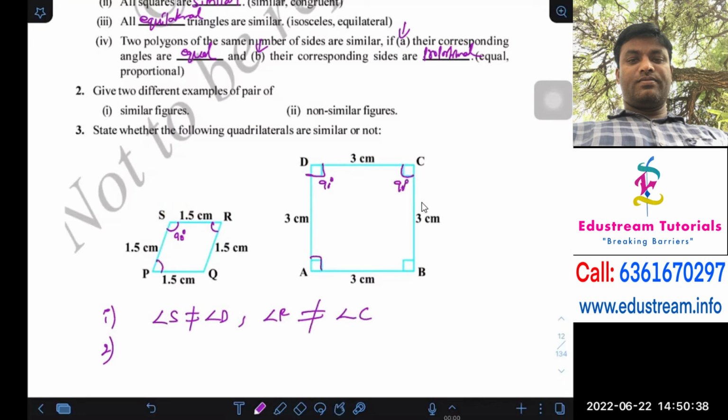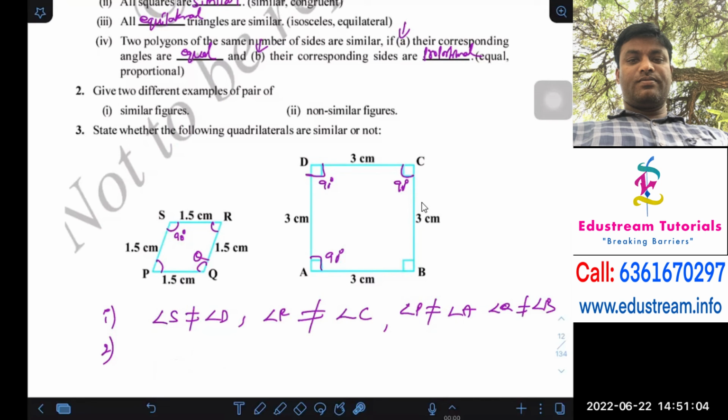Angle P is not equal to angle A. And finally, angle Q is not equal to angle B. Why? Because this is more than 90 degrees, and this is exactly 90 degrees. So none of it is matching. Understood? So we don't need to check the second condition.